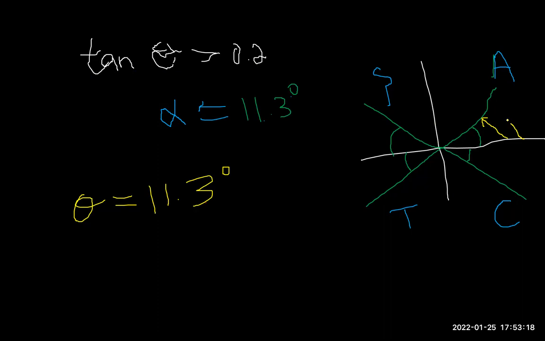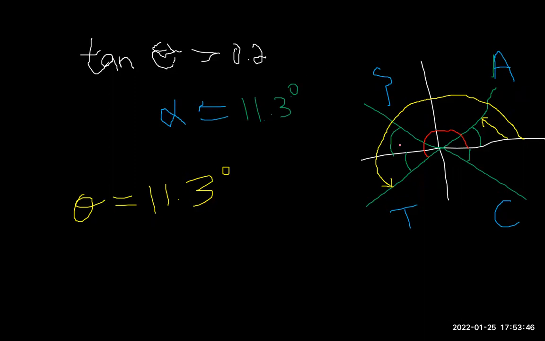From the positive x-axis, go all the way around until we meet this line. This angle right here is my next possible value of theta. When I sub it into this function, I'm going to get 0.2.